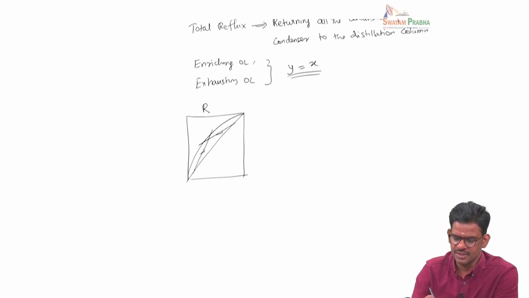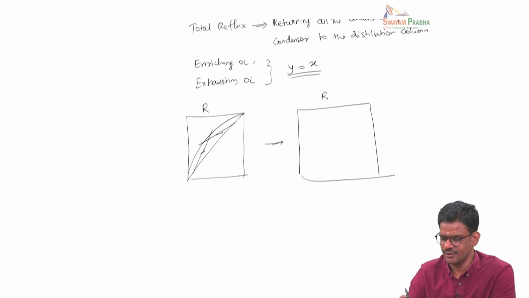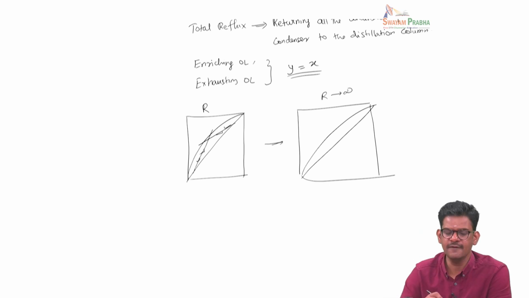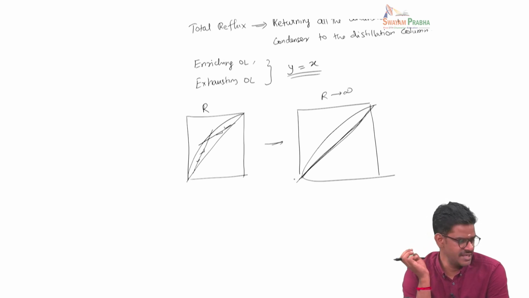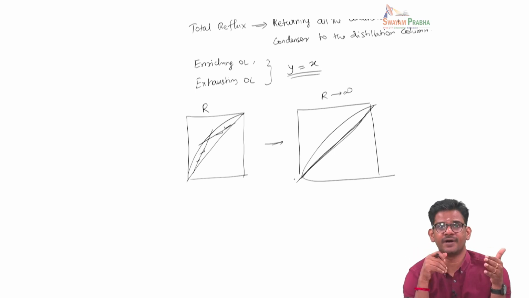This is for some reflux ratio R. When we increase this reflux ratio R to a very large value, R tending to infinity, these two lines, the enriching line and the exhausting line, actually lie on the 45-degree line itself. This will correspond to the minimum number of stages, because here the operating line and the equilibrium line are the farthest.